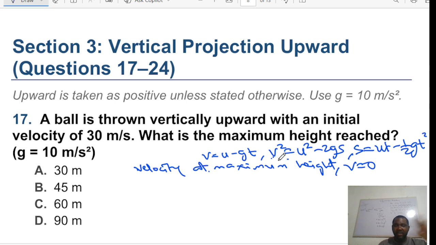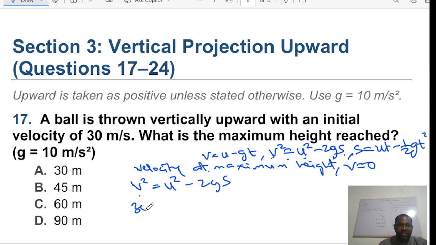U is the initial velocity, which is 30 meters per second. Then g is acceleration due to gravity, and we are looking for the maximum height. So v squared is equal to u squared minus 2gs.